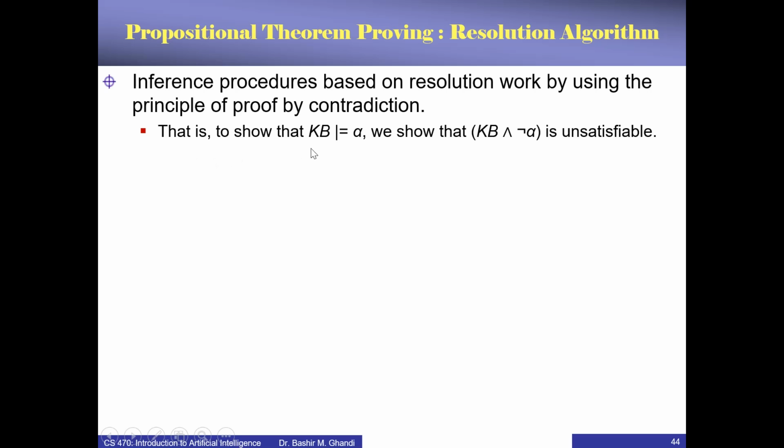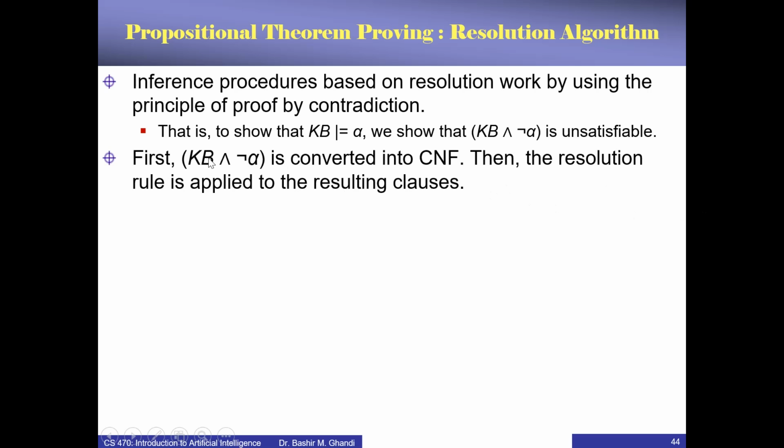If it is unsatisfiable, then we have been able to prove that actually KB and alpha is satisfiable, and that is what is equivalent to KB entails alpha, as we discussed earlier.